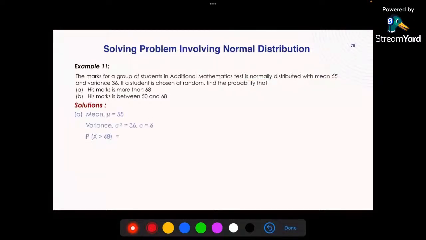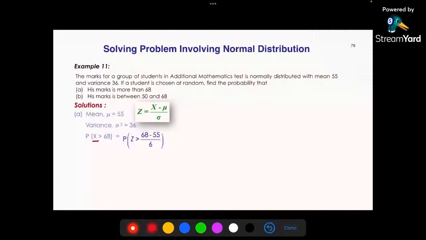So you akan dapat macam ni lah. Mean adalah mu 55, variance 36, which means that sigma adalah 6. So more than, tadi kita dah tengok kan, more than kita akan dapat gunakan, kita standardize first. So this is how you write in exam, write properly. So and then you standardize it. So daripada X tu dia akan jadi Z. So and then this is X minus mu over sigma. Remember that.